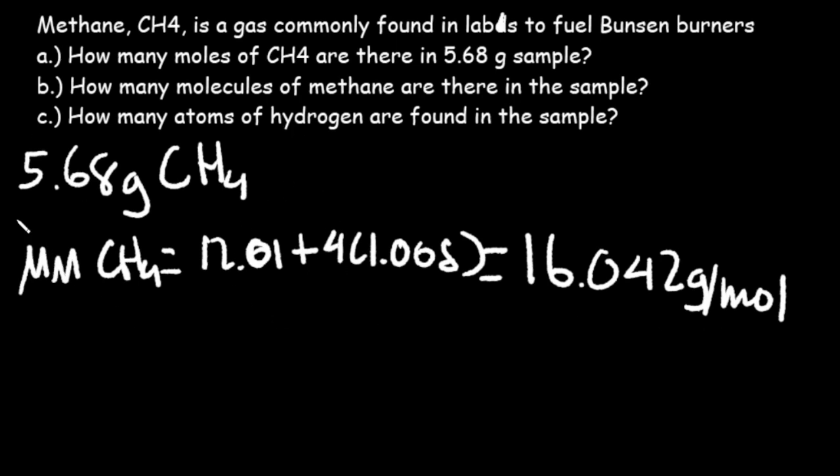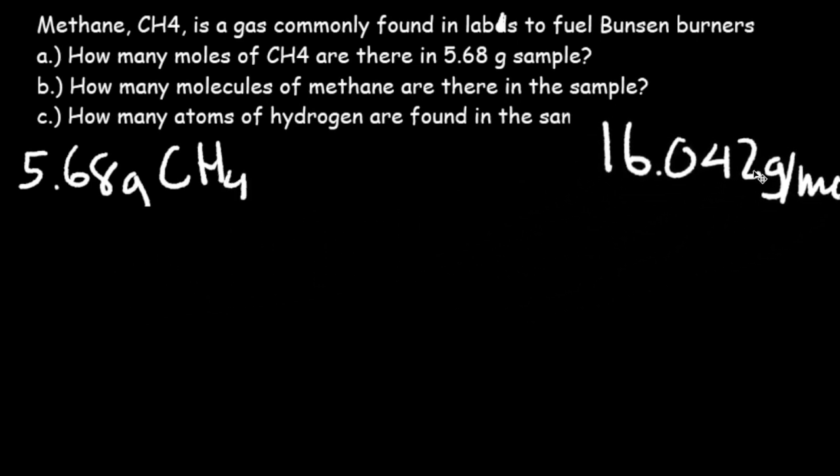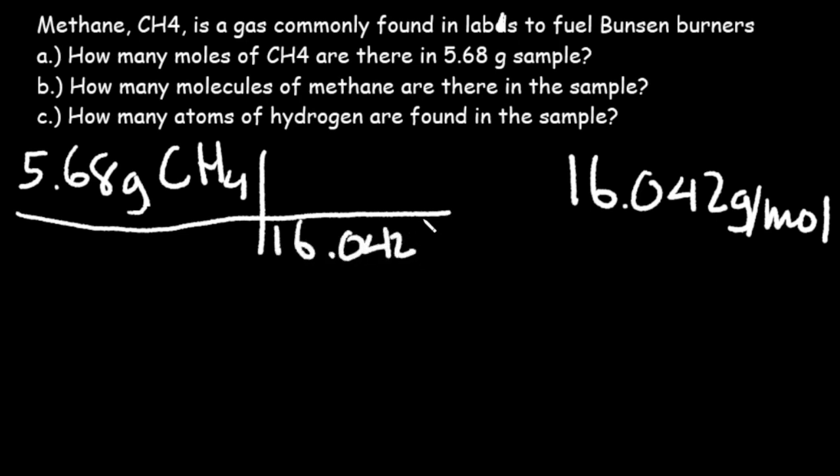So now we take this 5.68 grams of methane and divide by its molar mass, which is 16.042 grams per 1 mole.